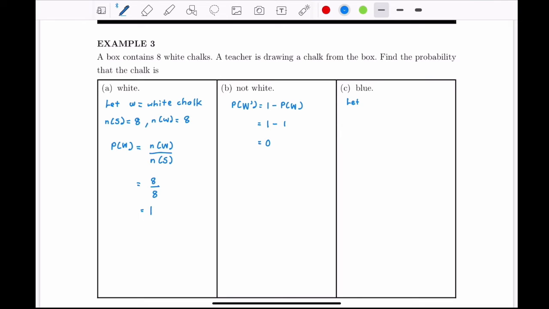Let B be the event of getting blue chalk from the box. So B is an impossible event. So the probability of getting a blue chalk is 0.